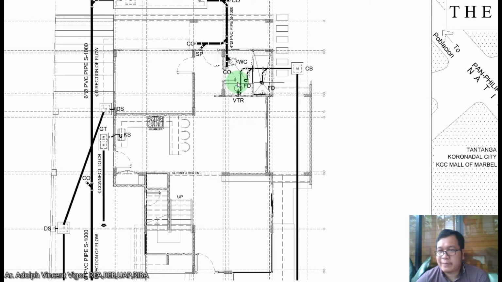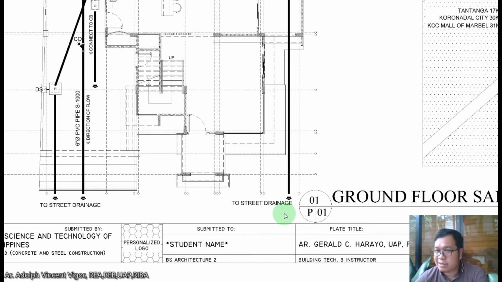The purpose of that, class, is so that if there's water simultaneously flowing from all these fixtures going to the catch basin, the system won't be overwhelmed. Because if you use a smaller diameter pipe here, what would happen is a backflow of the system. That's why you need a larger pipe before you discharge to the street drainage.